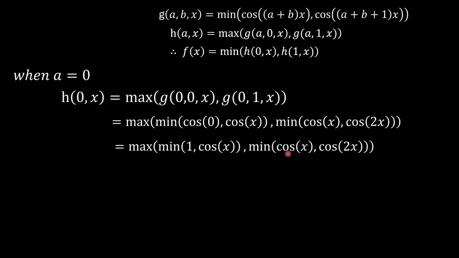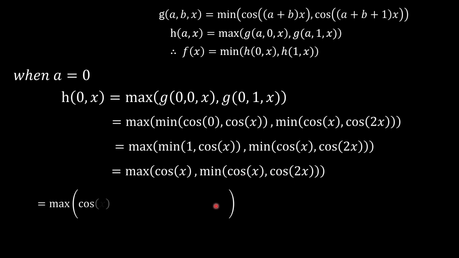And then when we look at the minimum between cosine x and cosine 2x, we will have to break it into two subregions. We've already found that between 1 and cosine x, cosine x is the minimum, but between cosine x and cosine 2x, it's not entirely straightforward.